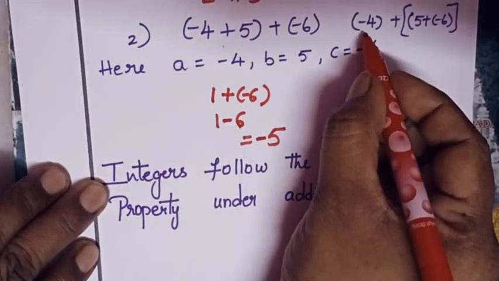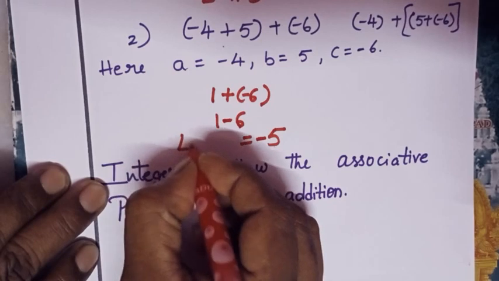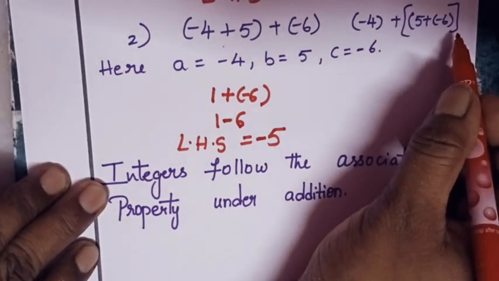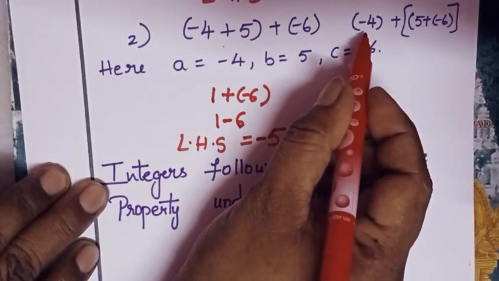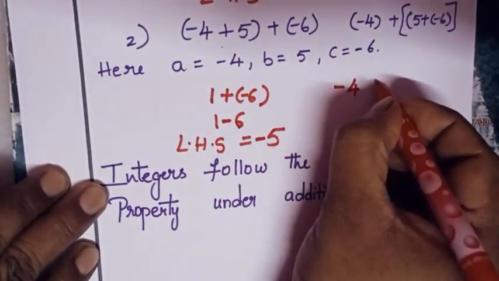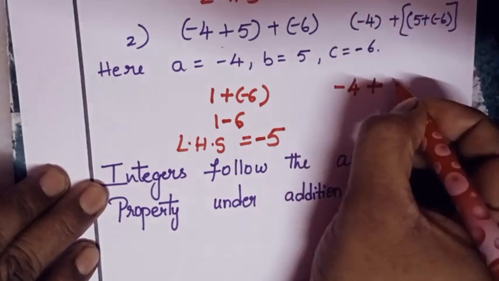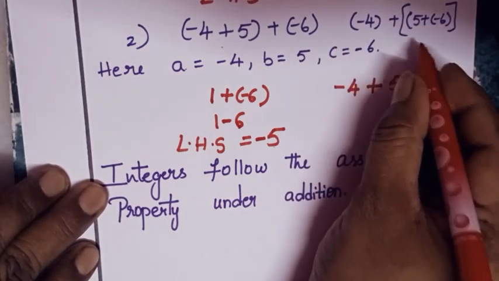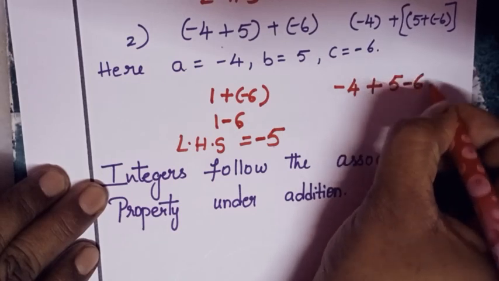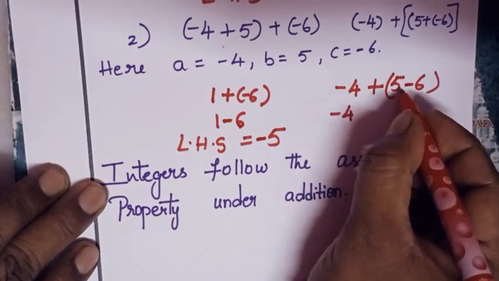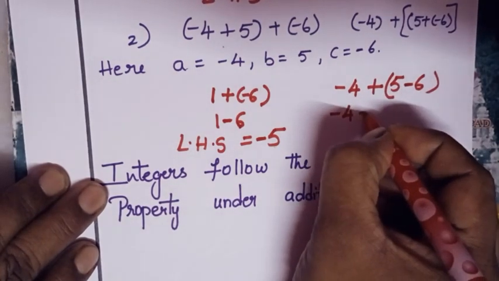This is LHS, children. Now let us prove the RHS. Here minus 4 plus, what you can observe here, 5 plus minus 6. 5 plus minus 6 is 5 minus 6, that is minus 1.